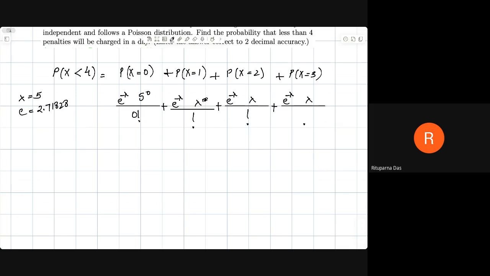This again will be 5 raised to the power 1 factorial. Yeah, so you can calculate the answer. That's the probability they're asking here.